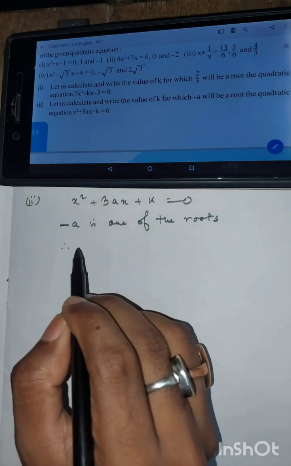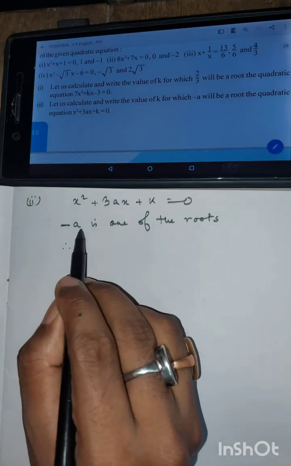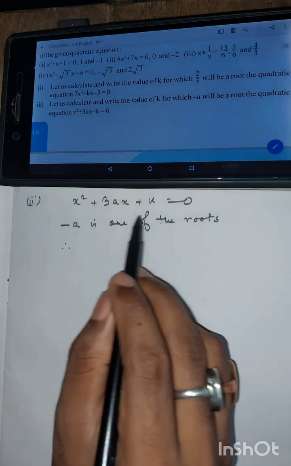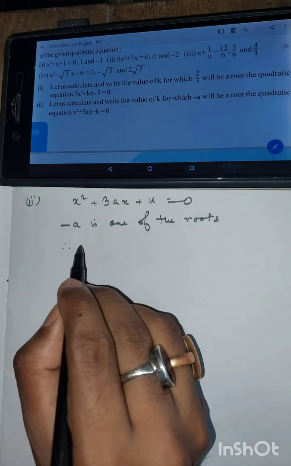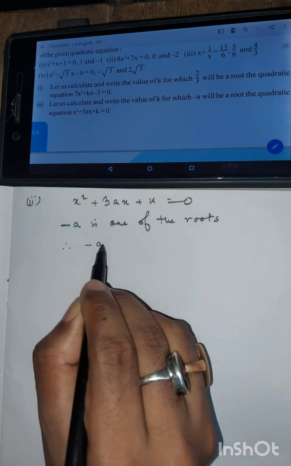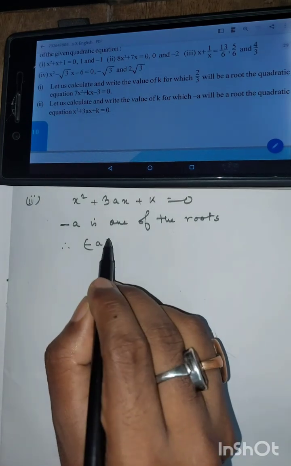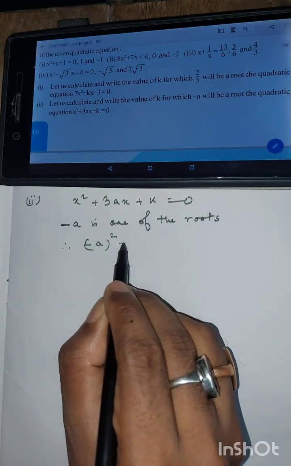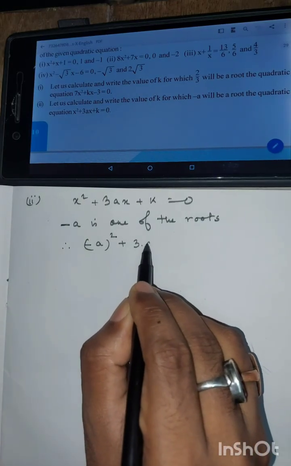Therefore, if we place minus a in place of x, it will satisfy the equation. Therefore, we can write minus a in place of x.